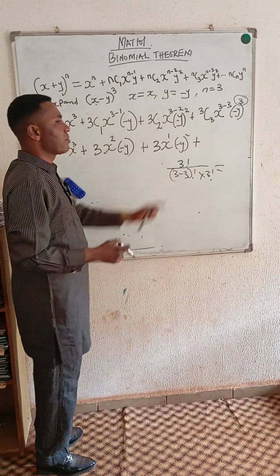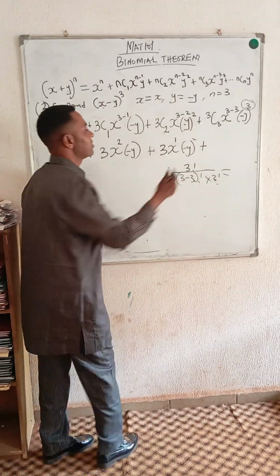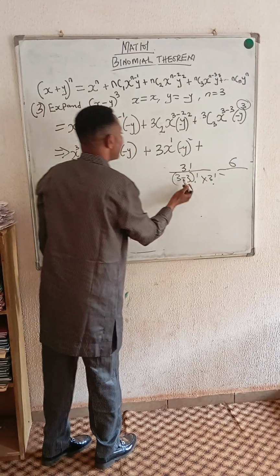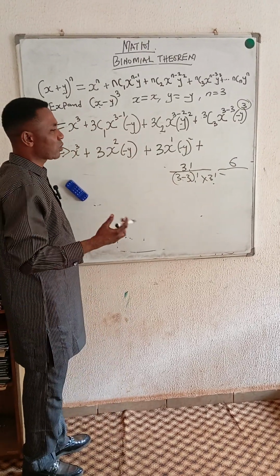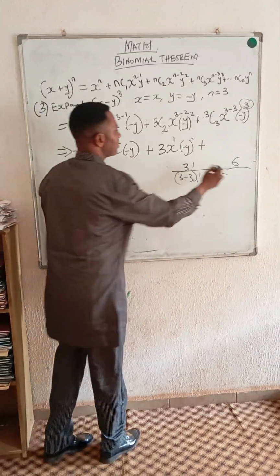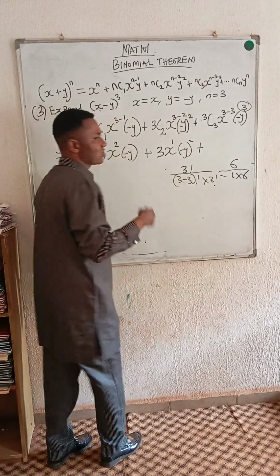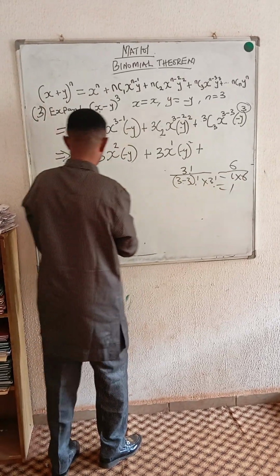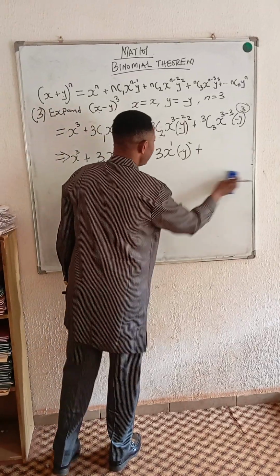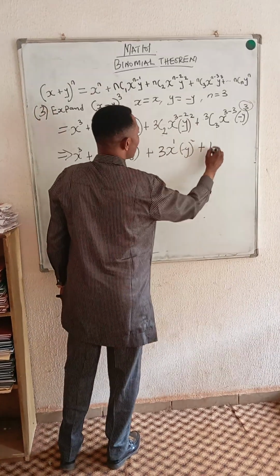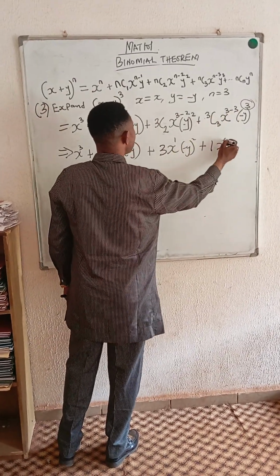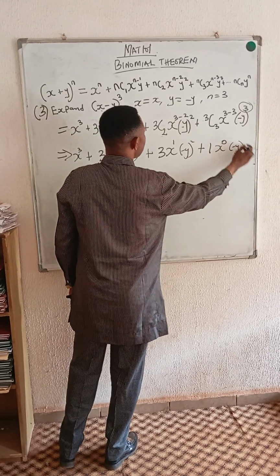Now, 3 factorial means 3 times 2 times 1, which is 6. 3 minus 3 is 0. So 0 factorial, use calculator, is 1. Then 3 factorial is 6. 1 times 6 is 6. 6 over 6 is 1. That is why we'll now say here 1. Then 3 minus 3 is 0. x to the 0, minus y power 3.